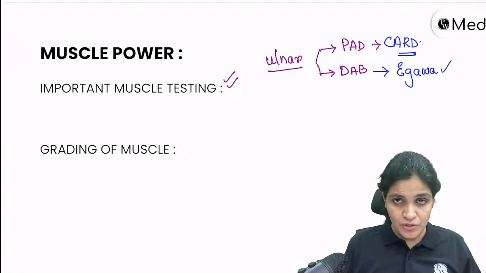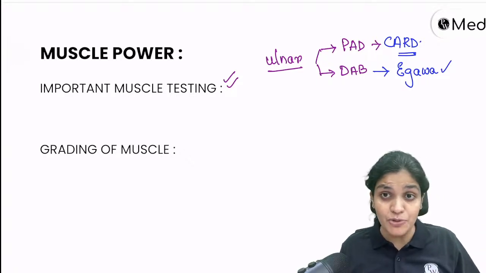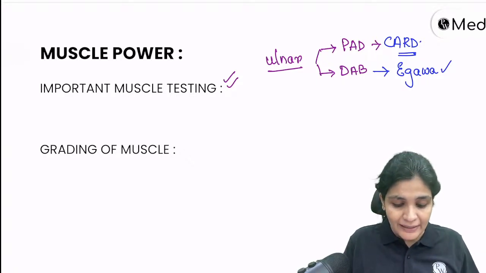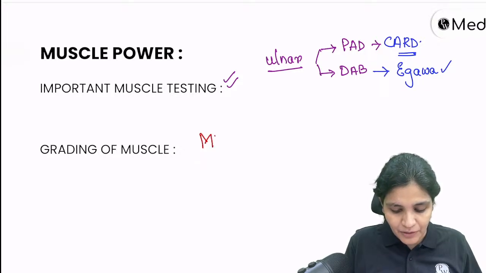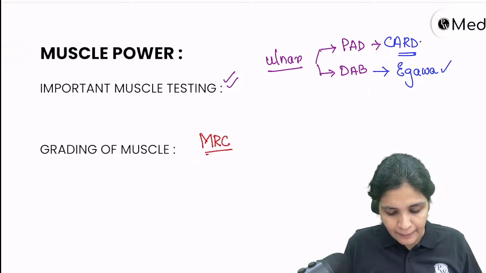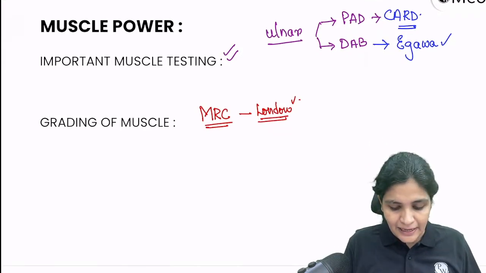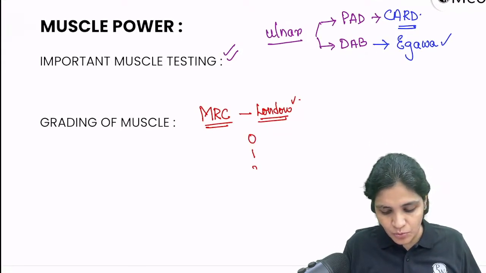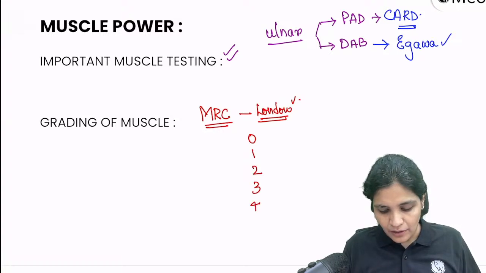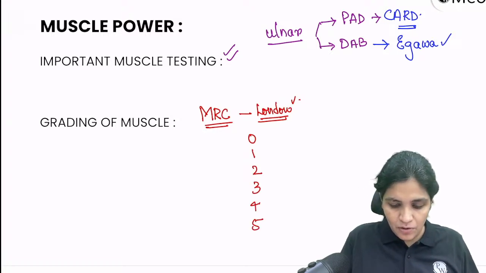Then each individual muscle, when you test, you have to grade them. So how do you grade them? Which grading system do you take? MRC grading by London, right? In that there are 5 grades, 1, 2, 3, 4 and 5. Now can you tell me what is 0?